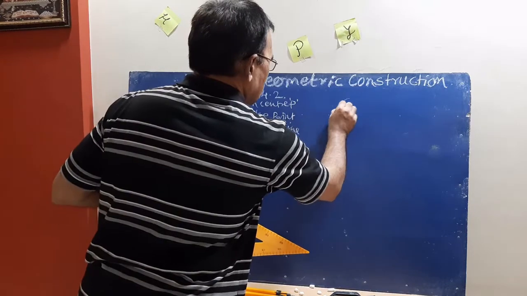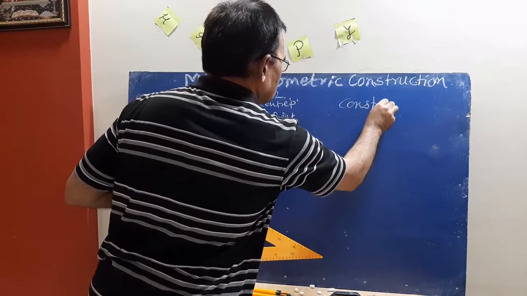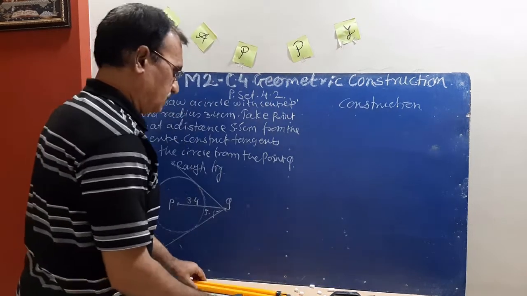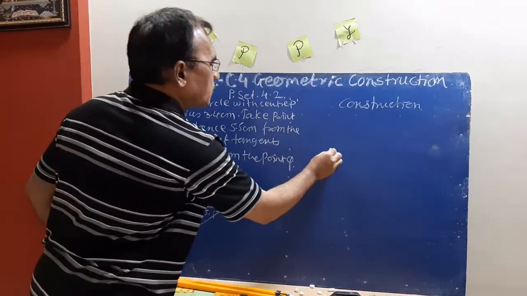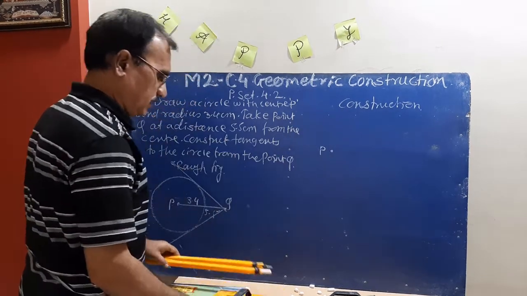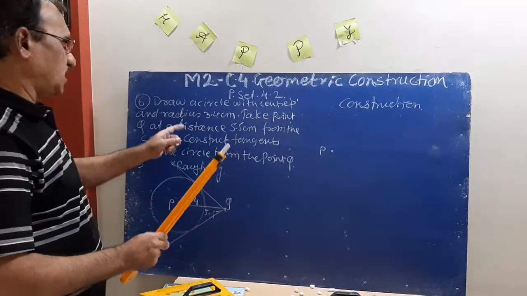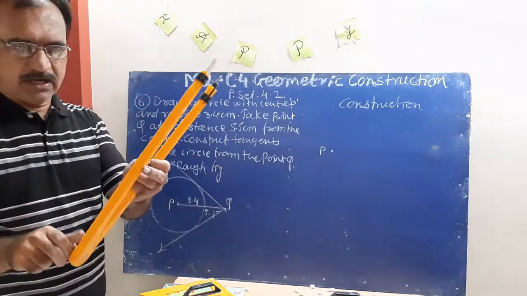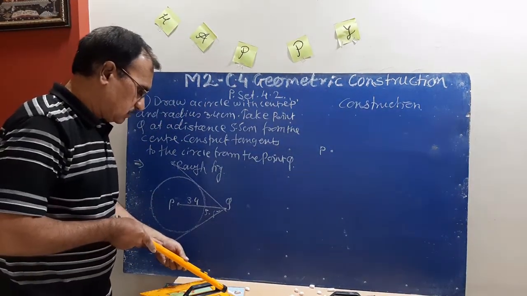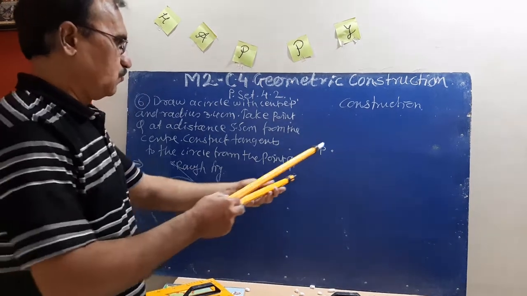Now the construction. Center P is already given. Take here center P, and now the radius is 3.4. Take an accurate radius with the help of a scale.